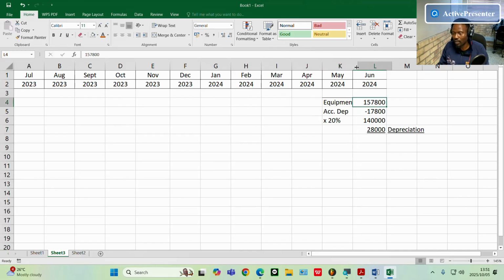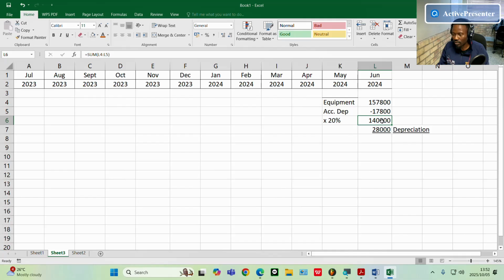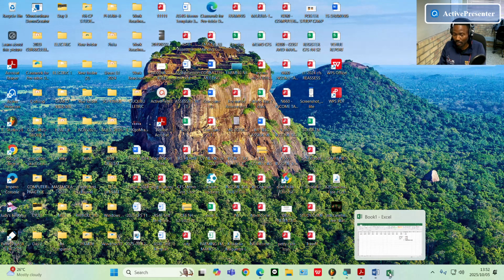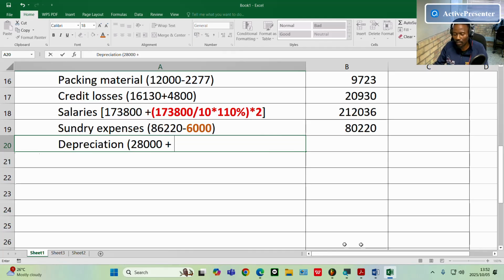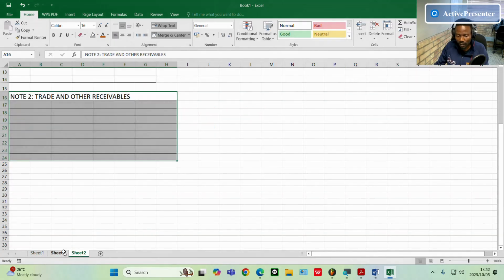It's a diminishing balance method, meaning you take the cost price minus accumulated, then you get the total, you multiply it by the percentage. In this case, it's 20%. That's how we got the 28,000. So with depreciation already, I can start by saying, okay, depreciation, it's 28,000 for equipment.